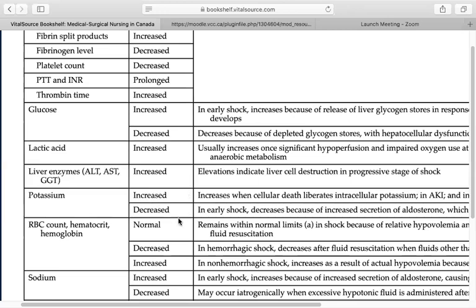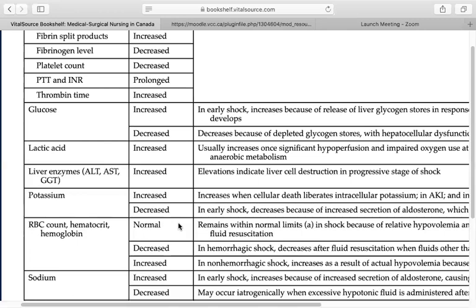RBC count, well, it really depends. Of course, easy to say could be decreased if there's hemorrhage, or increased if, for example, they're just dehydrated. Or hematocrit, for example, could be increased in some of these shocks that cause maldistribution because the water portions flow to tissues, leaving red blood cells behind in a relatively concentrated environment.